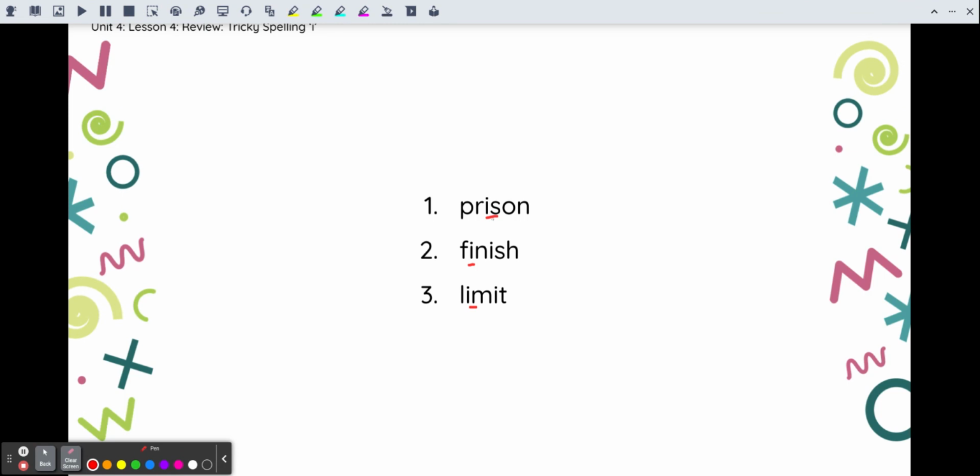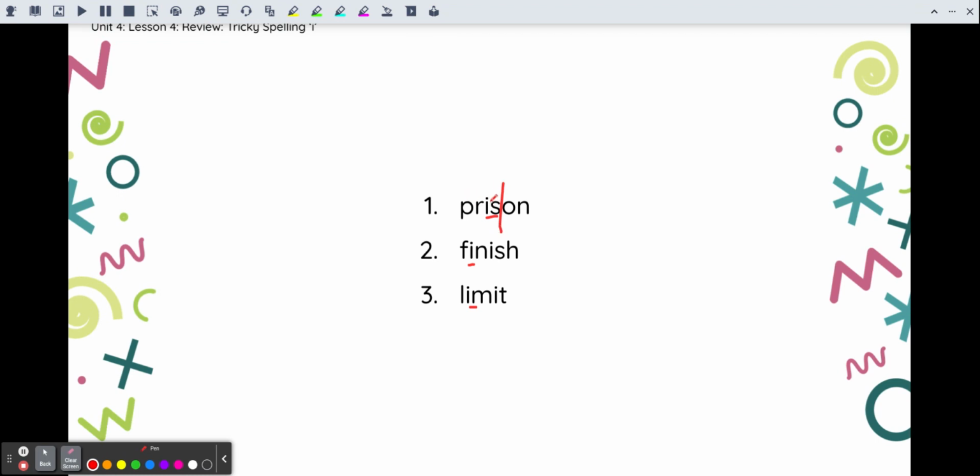Now, let's look at some different words. We have prison. Now the I is followed by a consonant, so it's no longer saying I, it's saying short I, because the S is there and the I is not at the end of the first syllable.